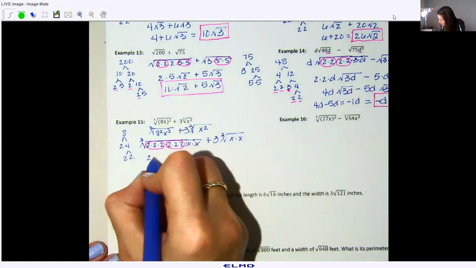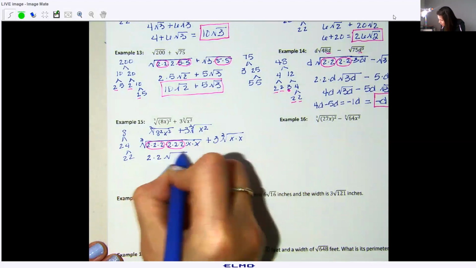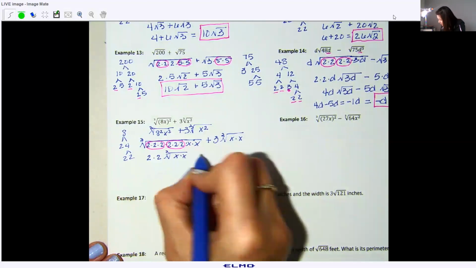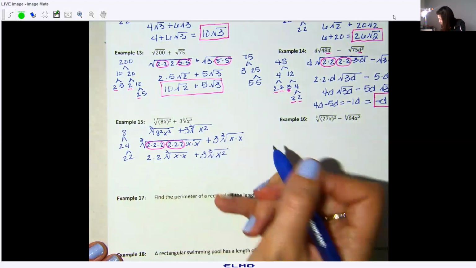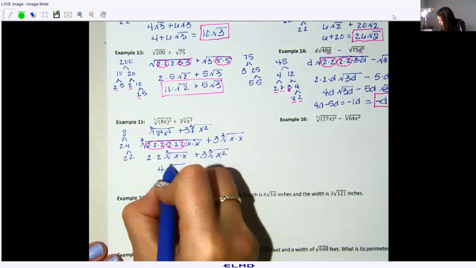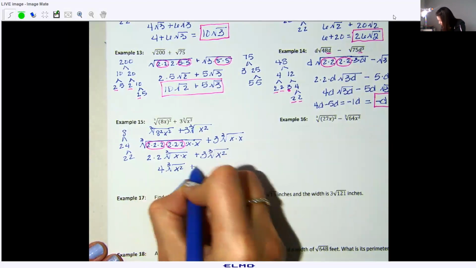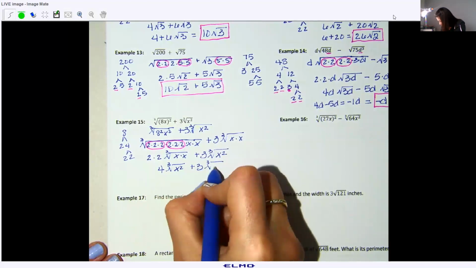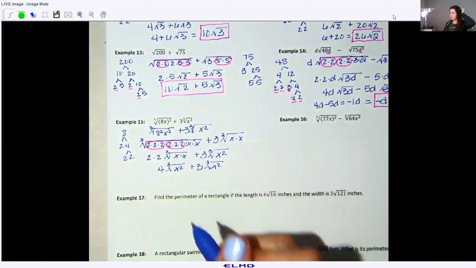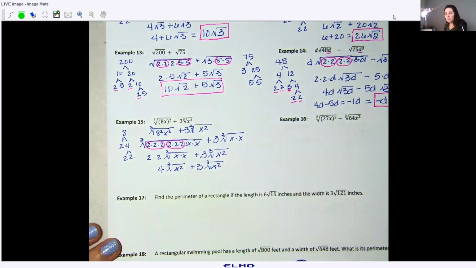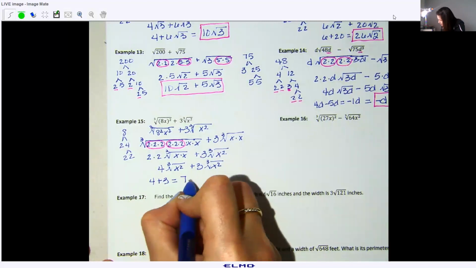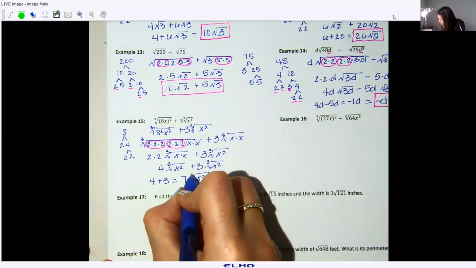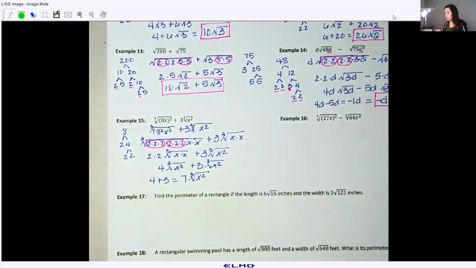So I end up with 2 times 2 cubed root x times x. So 4 cubed root of x squared plus 3 cubed root of x squared. And look at this. We have the same radicand and the same index, so we can add these together. So we end up with 4 plus 3 equals 7 cubed root of x squared, and that would be our final answer.